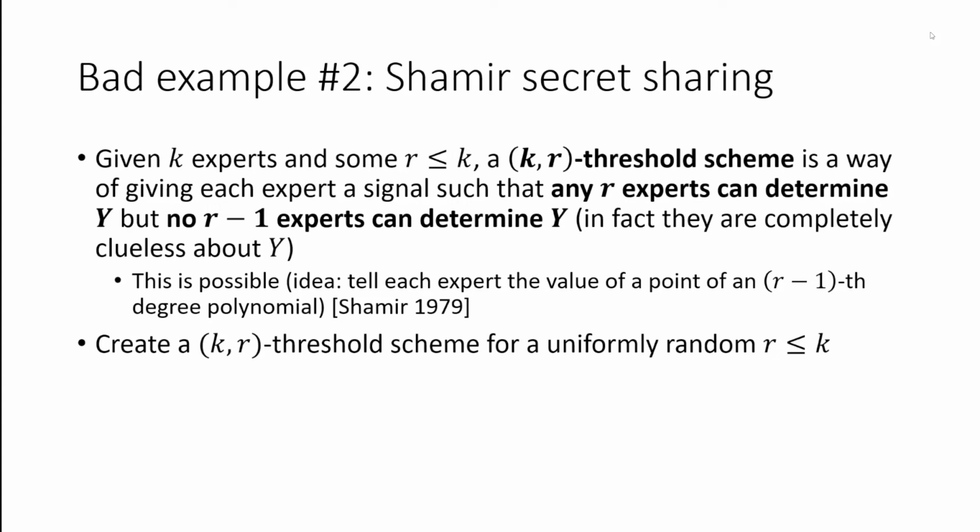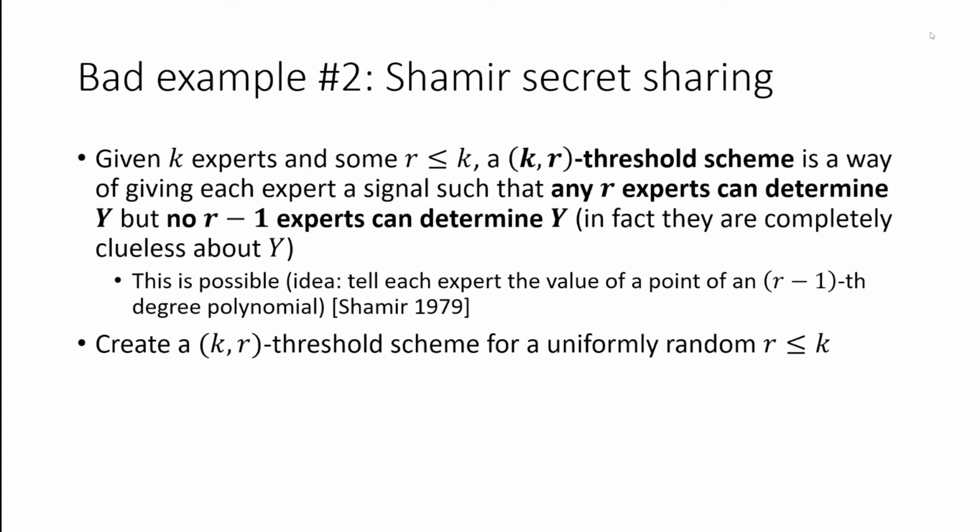But any r minus 1 of the experts, if they pool their signals, will have no clue what y is. And it's not obvious that this can be done, but in fact it can. It's called secret sharing, and it's a neat solution to a cryptography problem from the 70s.